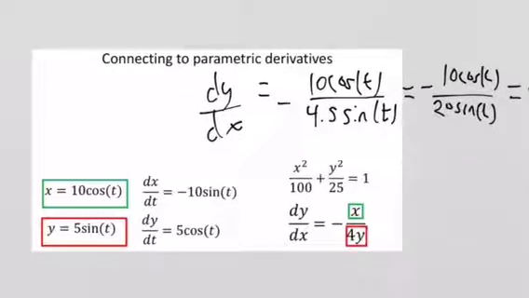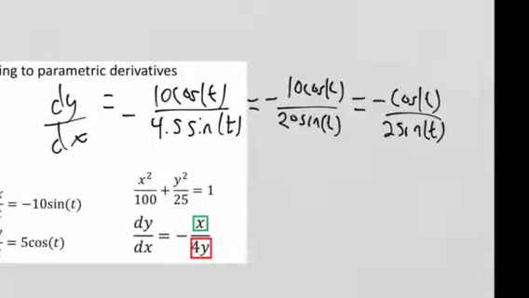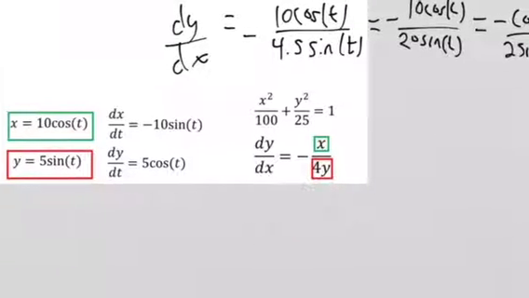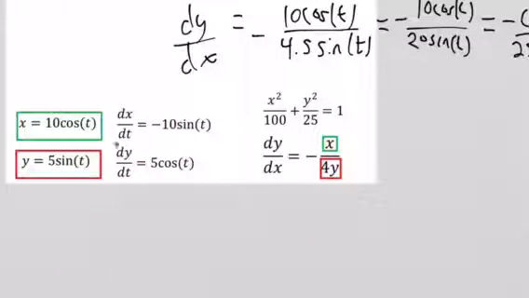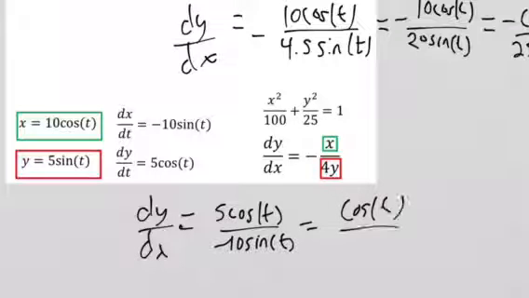And I think that if we look at dx dt and dy dt now, so what do we get? Negative cosine over 2 sine? Okay, well, how do we find dy dx from here? We just divide them. So we get dy dx equals 5 cosine over negative 10 sine, which simplifies to negative cosine over 2 sine.